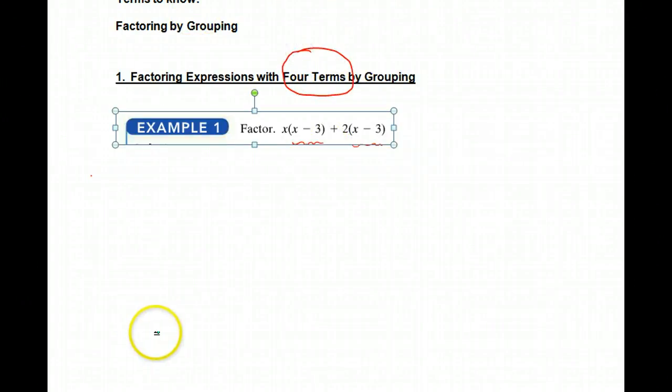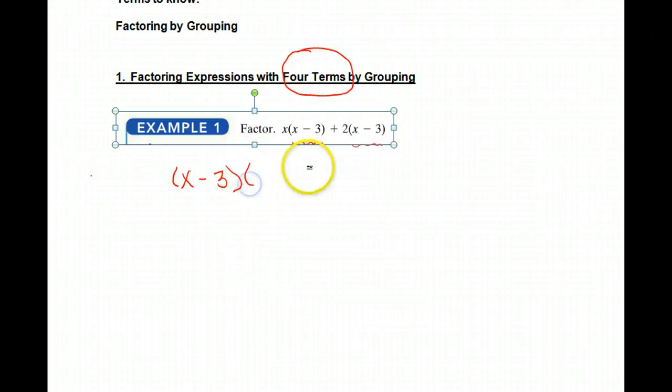So what we're going to do now is do exactly what we did in Lesson 1. When you identify that you have that common group that exists in both of your terms, you bring that group down into the next line and you create a new group. The terms of the new group will come from what was left over in the original expression.